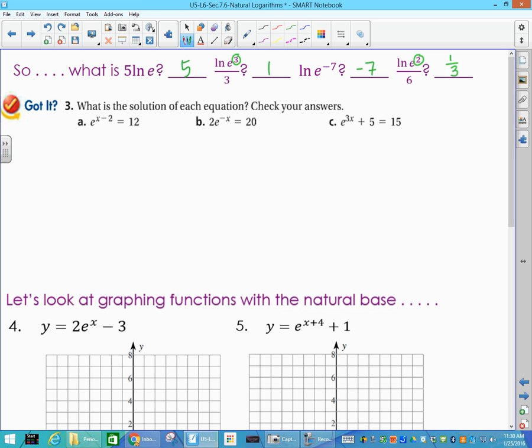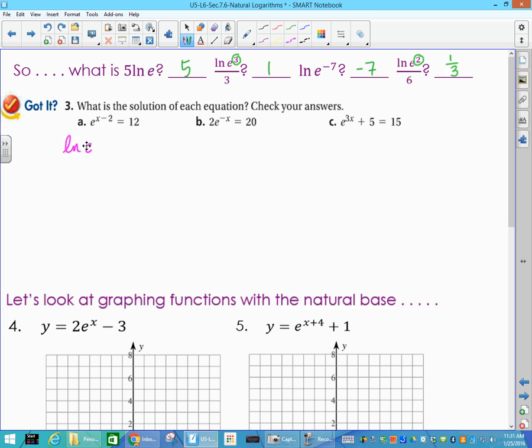Okay, so let's solve our equations. Again, this is what we just talked about. When you have a variable in your exponent, if you can't write them in the same base, we're going to take the log of both sides. Now, what's different about this versus what we did in the last section is your base is e. And if your base is e, it's easiest if you use the natural log instead of the common log that we did previously.